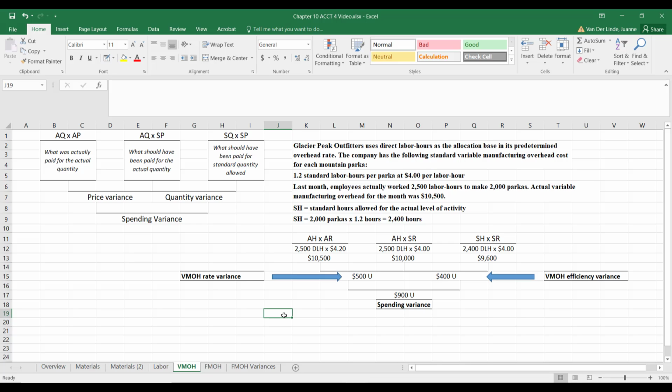But that $4 means that on average, how much variable overhead cost should one direct labor hour cause? Because remember, it's not just the cost of wages. When we're talking about direct labor, there's a bunch of other things that the company incurs because of having labor. There's a bunch of other incidental costs, right?